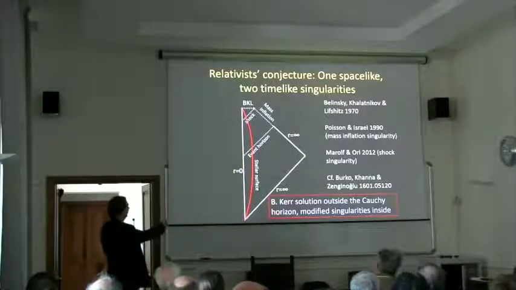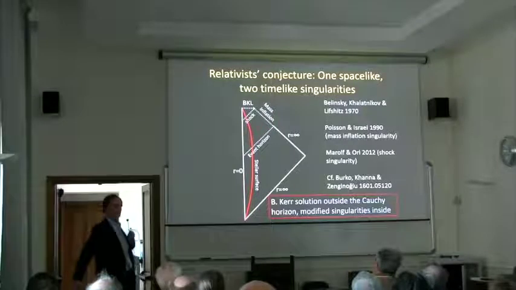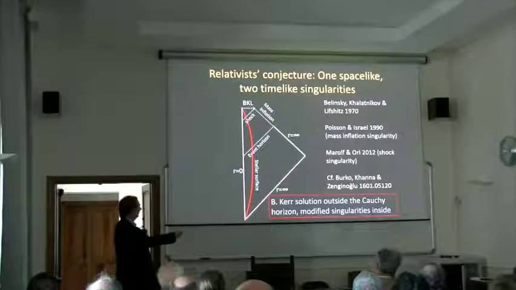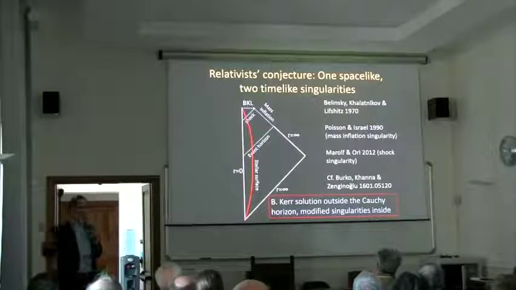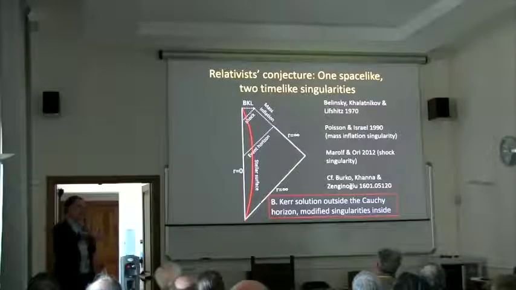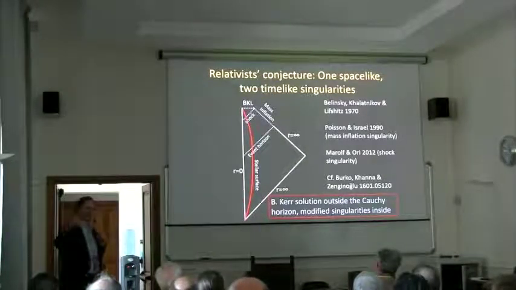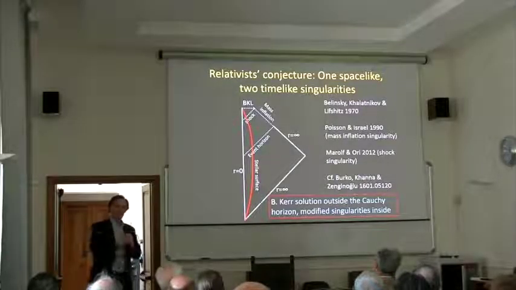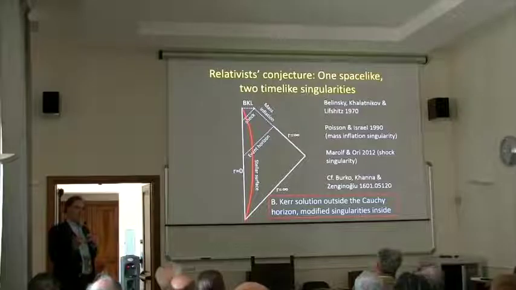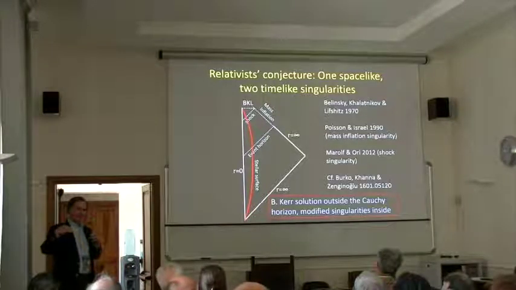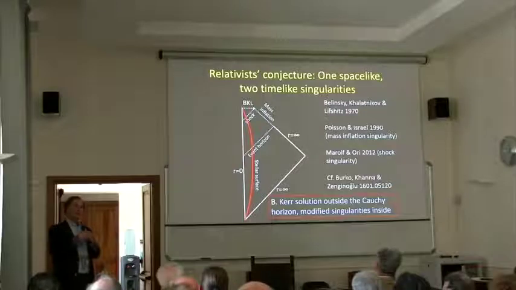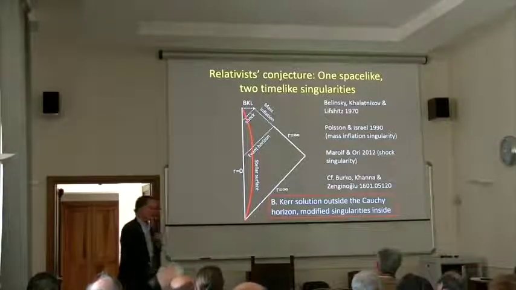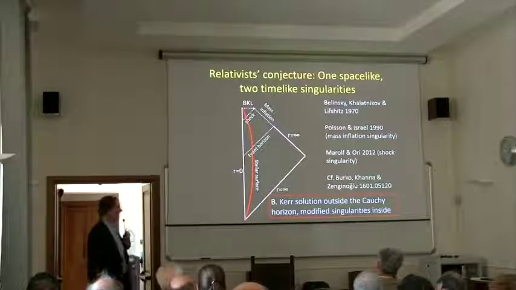So the first is that this Cauchy horizon is where a phenomenon called mass inflation occurs that was discovered by Poisson and Israel in 1990. What happens is that streams of matter that enter into the black hole and pass through the singularity and back out again, counter-streaming streams, have a very large stress, in the sense of a velocity dispersion from those counter-streaming bits of matter or radiation that have fallen into the black hole before.